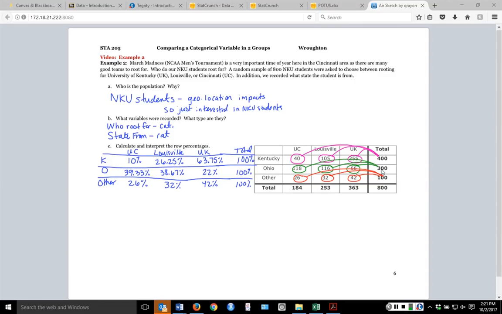Now we're going to interpret them. So, of our 400 NKU students from Kentucky, we found 10% root for UC, 26.25% rooted for Louisville, and 63.75% for UK.